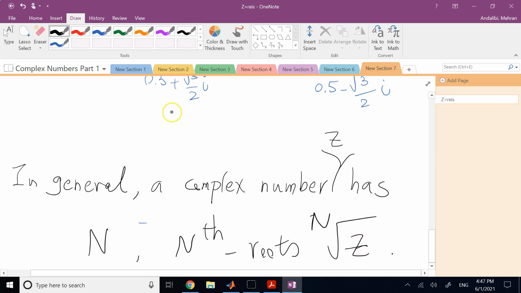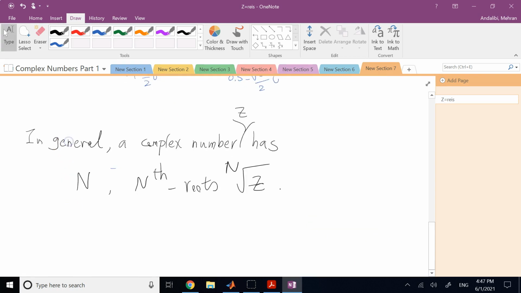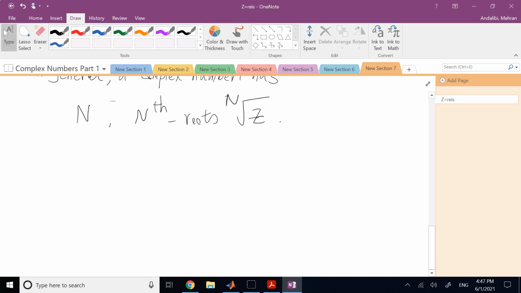If you want the 4th root, then there are 4 solutions. If you want the 5th root, there are 5 solutions. And there is a way that you can graphically also show them, and the graphical method of showing it is this.